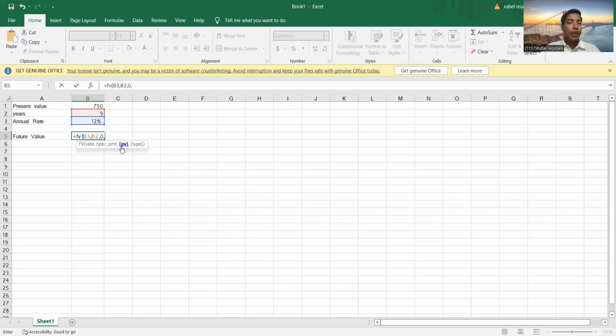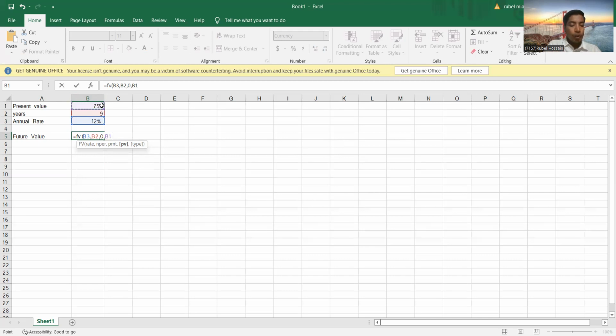Okay, then here you can see PV. What is the present value? Of course we have to give it. So here you can see column B, B1, present value. Just need to click on it, then it will take it automatically. Then we can give a comma, or we can close the bracket. Then if we click on the enter option, automatically we will get the result.